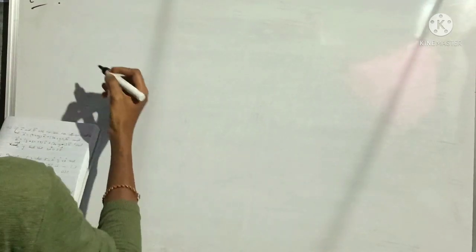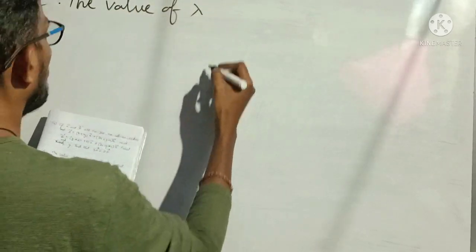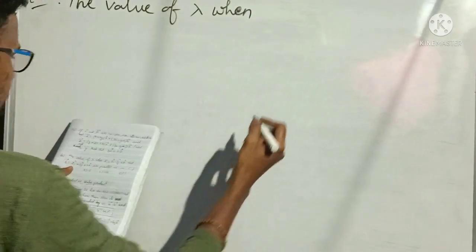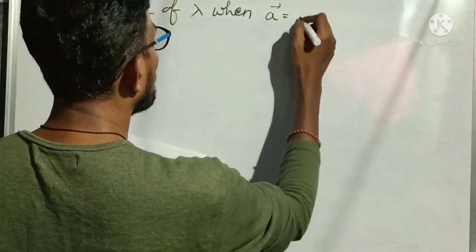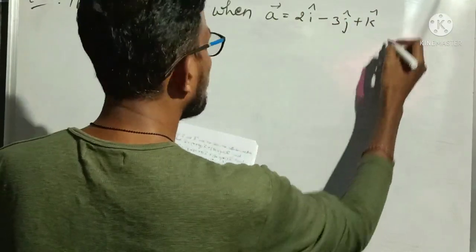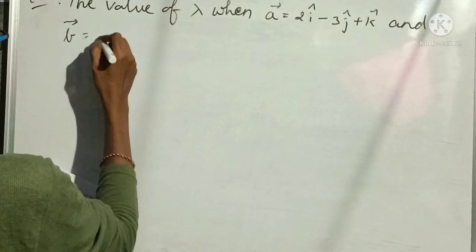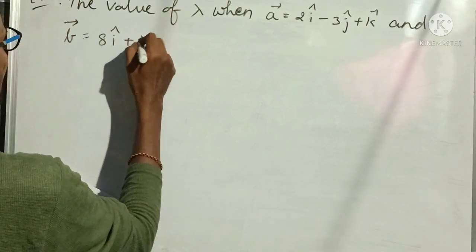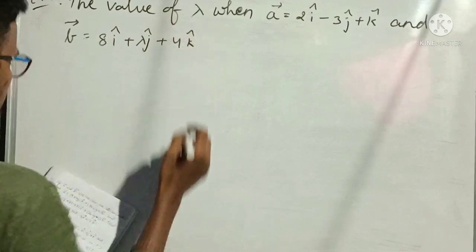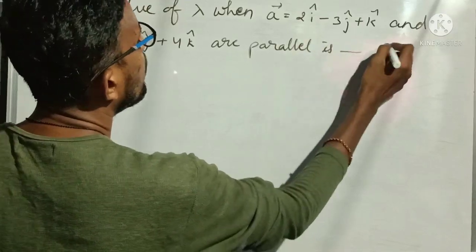Just wait. Okay, so let me write the question on the board. First example 1, the value of lambda when a bar is equal to 2i cap minus 3j cap plus k cap and b bar is equal to 8i cap plus lambda j cap plus 4k cap are parallel is dash.